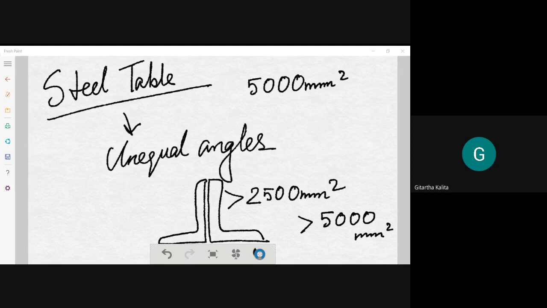I'd be glad to listen to some answers. In the steel table, the areas are mentioned in centimeter square, so you can multiply by 100 to get it in mm square.